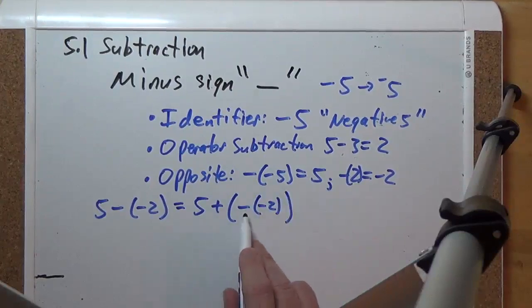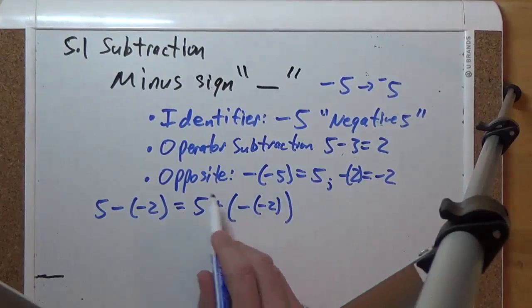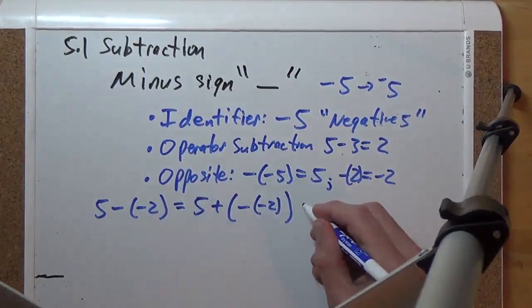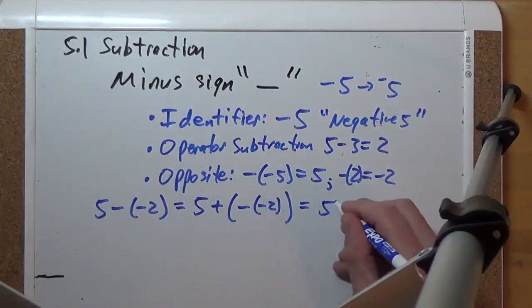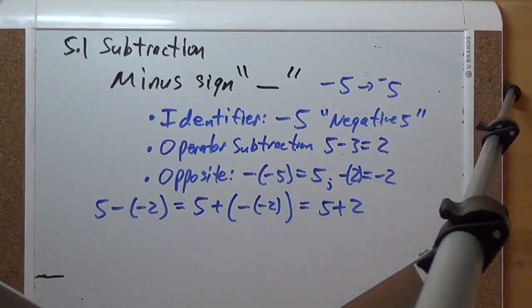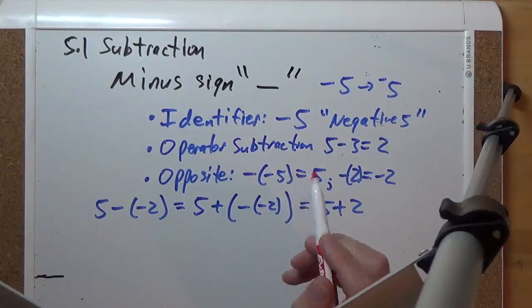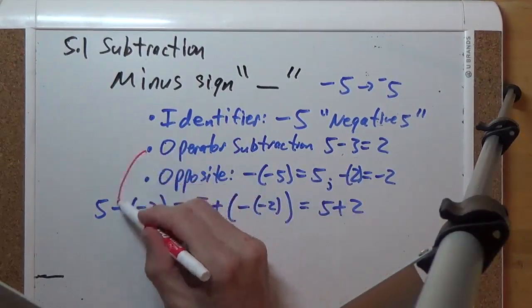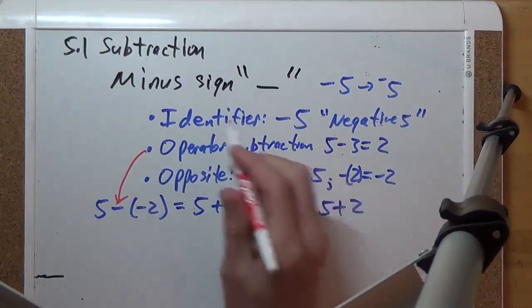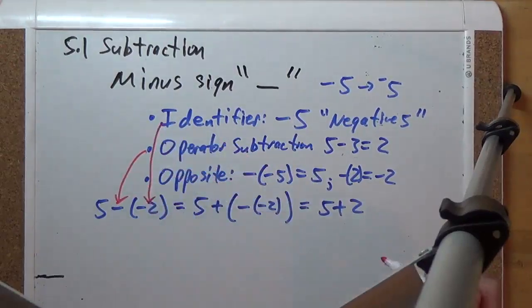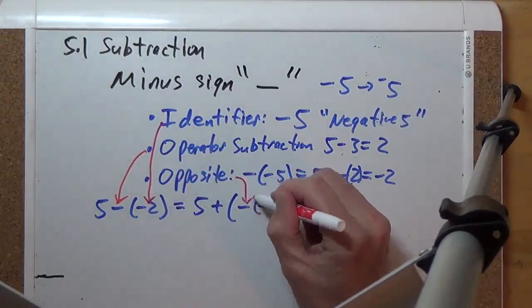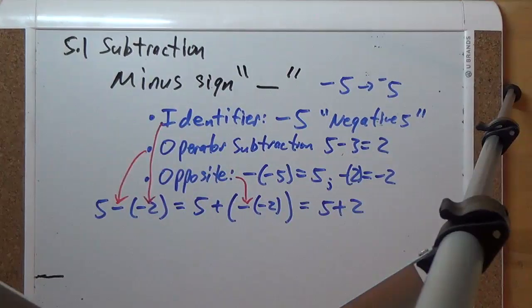So by moving this inside the parentheses, now it's acting as the opposite. And we end up with 5 plus 2. So we did all 3 definitions of the minus sign. We had subtraction. We had an identifier, it was -2, and notice, change it into an opposite.